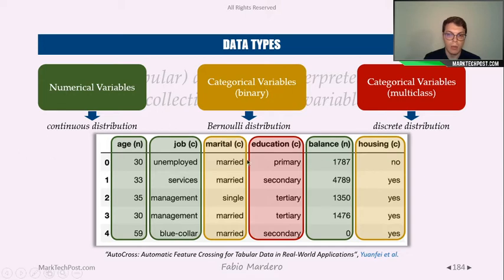For example, the education is a discrete distribution with, here we can see, 3 classes. The binary categorical variables are a particular type of categorical variable that can be described with a particular discrete distribution, the Bernoulli distribution. Yes or no, 0, 1, married, single, and so on.